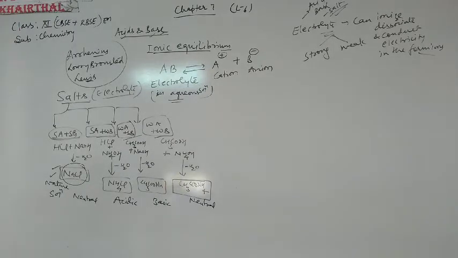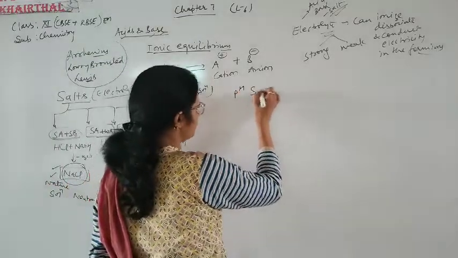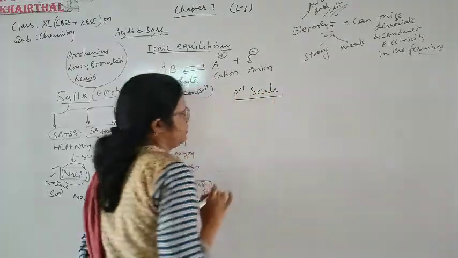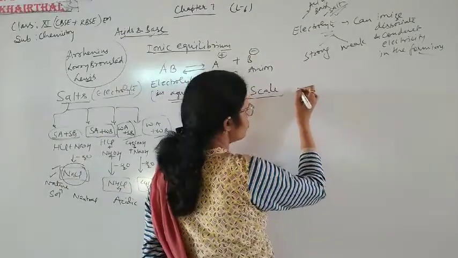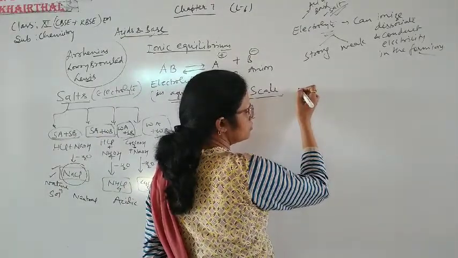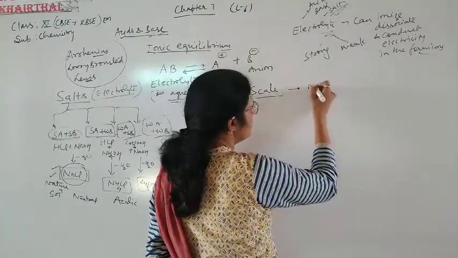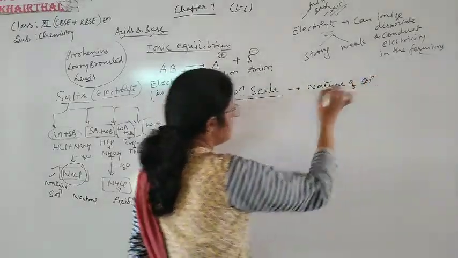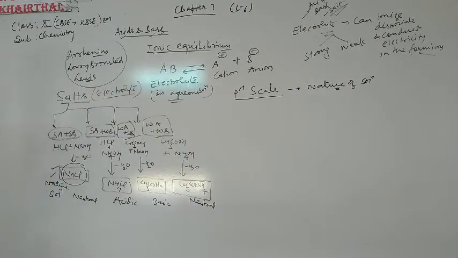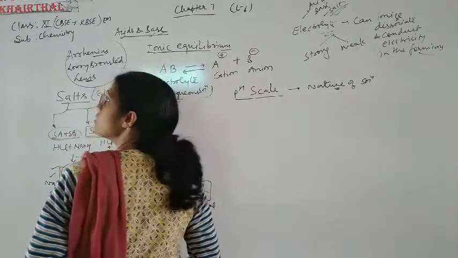Now come to the pH scale. What is the pH scale? It is the scale used to verify the nature of a solution, whether a solution is acidic in nature or basic in nature.